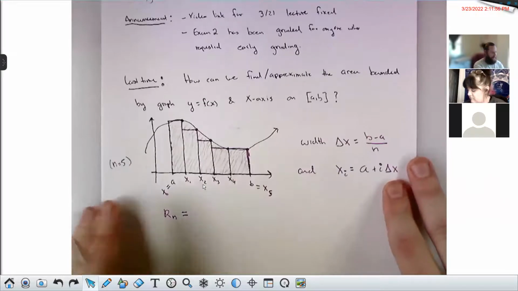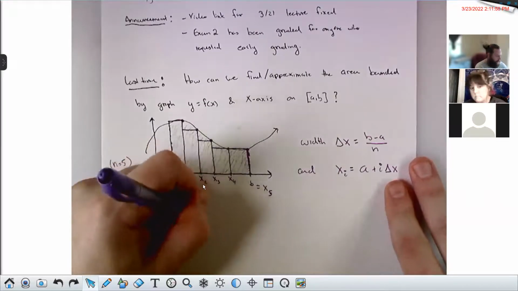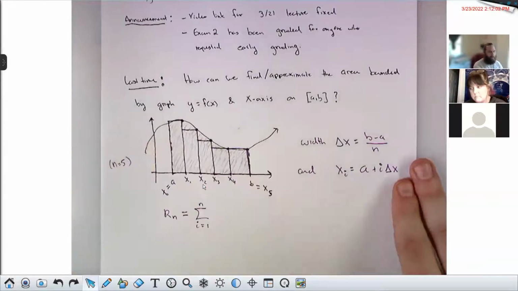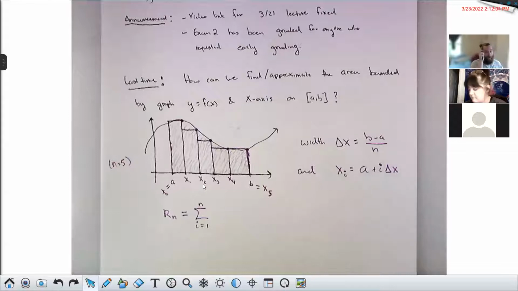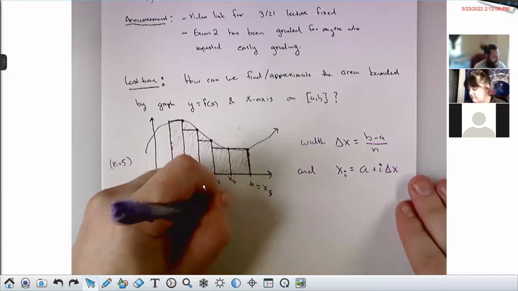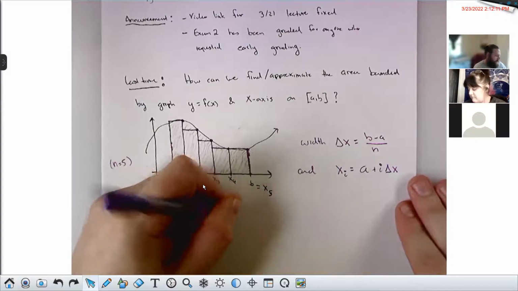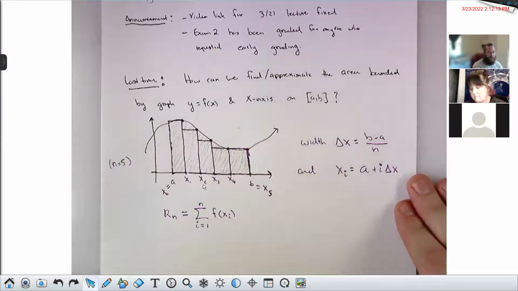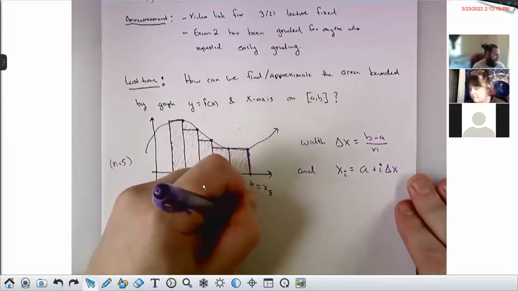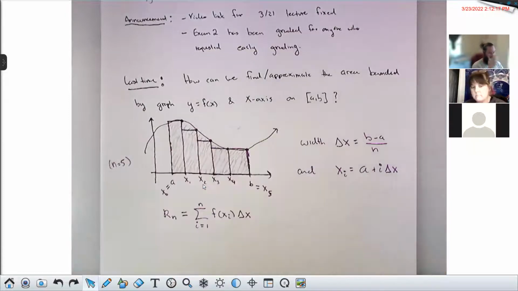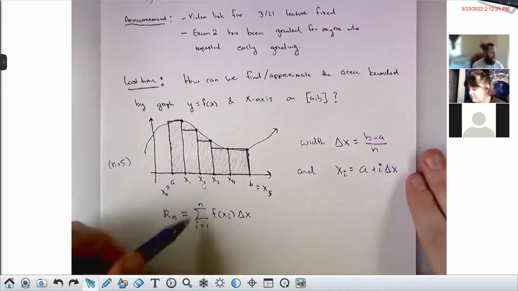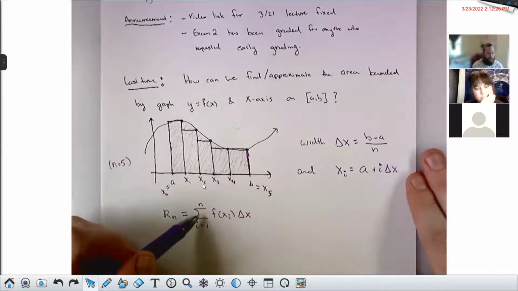And we wrote this in the sigma summation notation, which we reviewed last time. This would be the sum from i equals 1 to n of each one of those heights, which is f of xi, times each one of those widths, which is delta x. And this symbol here that looks like a big E is the Greek letter sigma.